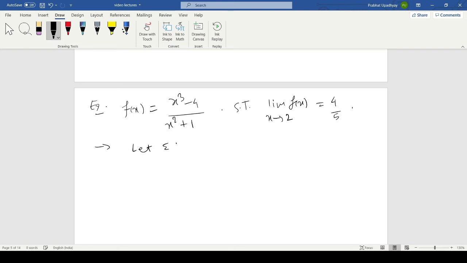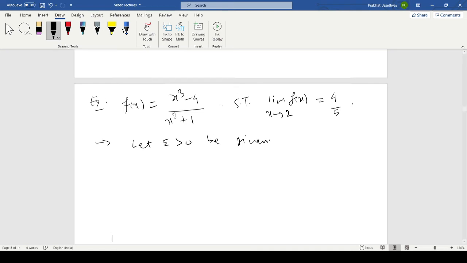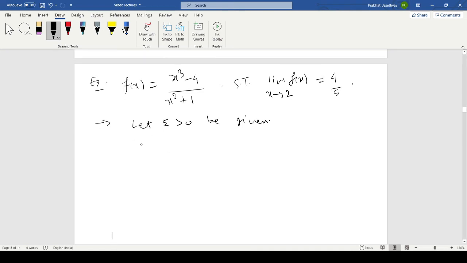So let epsilon greater than 0 be given. See, you want to find delta greater than 0 such that mod x minus 2 less than delta and greater than 0 should imply mod of f of x minus 4 by 5 is less than epsilon. You want to find such delta.